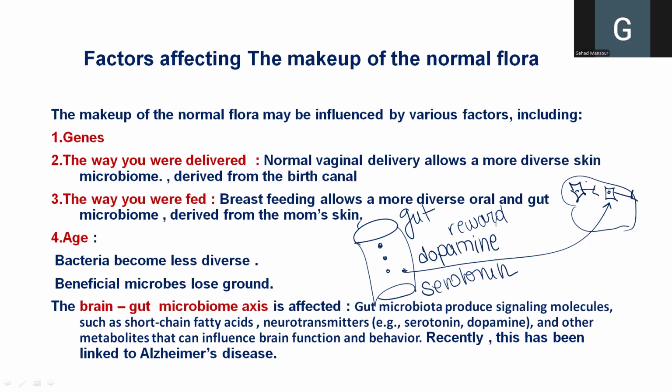That if this is nerve cell number one and this is nerve cell number two, they facilitate transmission of electric impulses from one neuron to another, and at the same time they circulate in blood. So they are not only neurotransmitters, but they are also neurohormones.